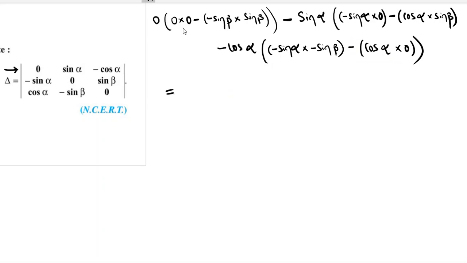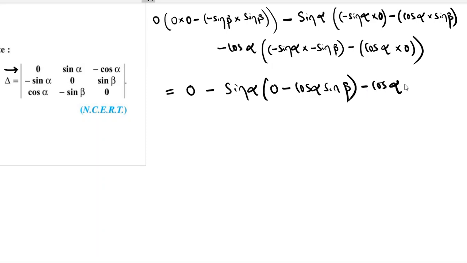So the first element is 0, 0 minus, okay, what you get here, sine alpha bracket, minus sine alpha into 0 is 0, 0 minus cos alpha sine beta. That's your second term, minus cos alpha.